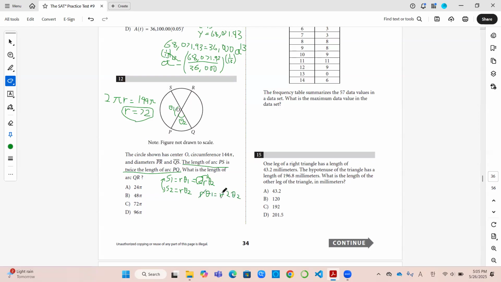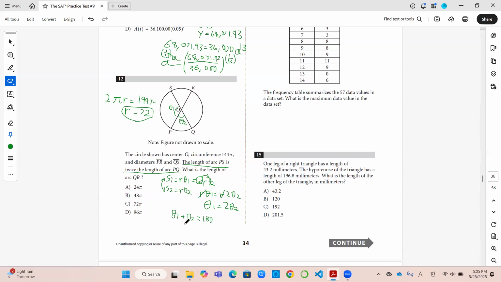So cancel out the r's. Theta 1 is 2 theta 2. And the sum of these two angles, theta 1 and theta 2, should be 180 degrees. So I'll go ahead and write that down. Theta 1 plus theta 2 is supposed to be 180.